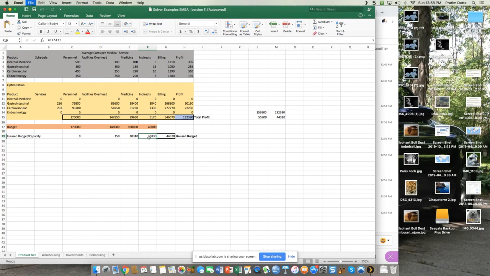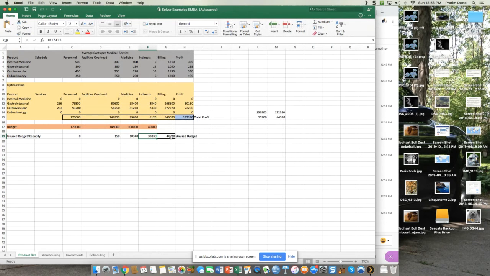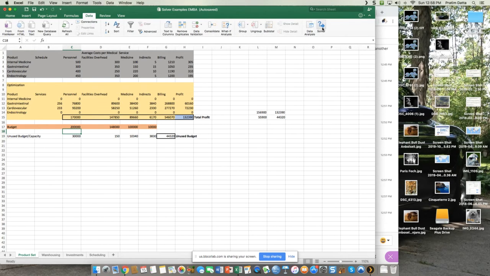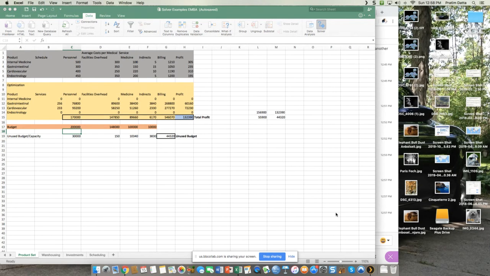So what we will do is, let's say we will take away perhaps 30,000 from that and just keep it as 10,000 and add 30,000 to personnel and turn it into 200,000. And we'll do the final run just to see what happens. Solver, everything else is there, and let's see.